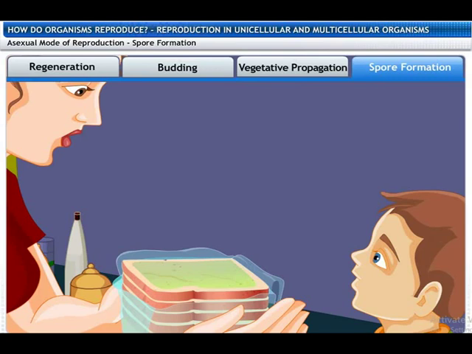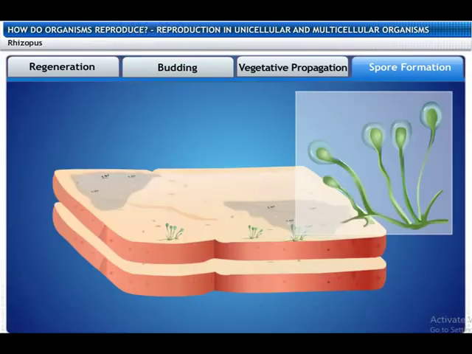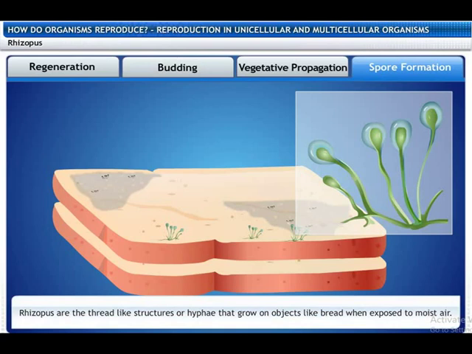This stuff is called mold? In biological terms, it's called a rhizopus. Rhizopus is a simple multicellular organism. Rhizopus or bread mold can grow when bread is exposed to moist air.